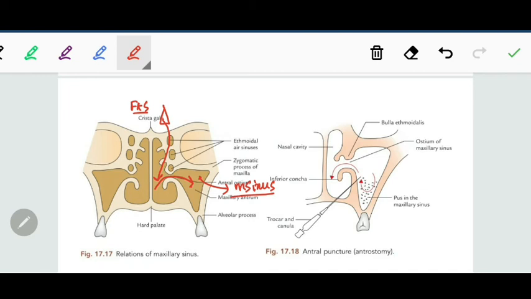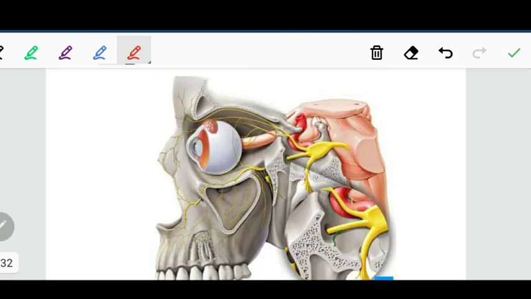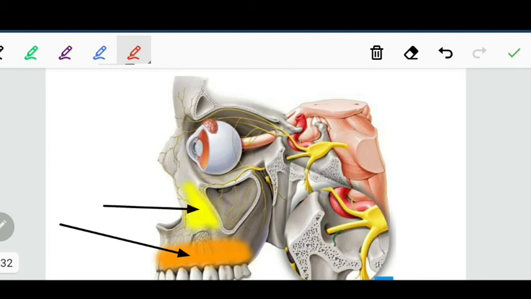Pain of the maxillary sinusitis is referred to the upper teeth and infraorbital skin due to the common innervation by the maxillary nerve. It is to be remembered: this upper teeth and the infraorbital skin below the orbit. In both the regions, the supply is by the branches of the maxillary nerve. Okay. So let's see the diagram.